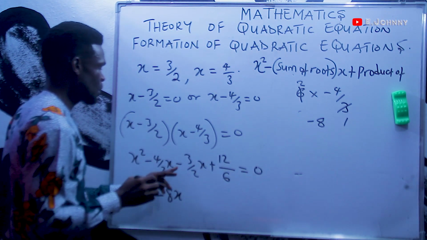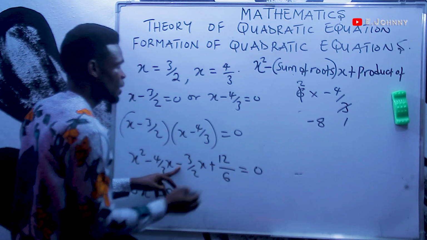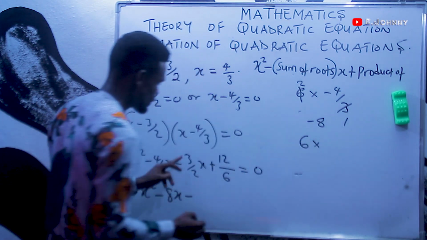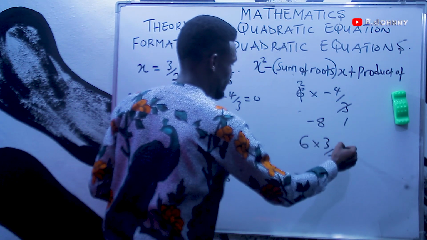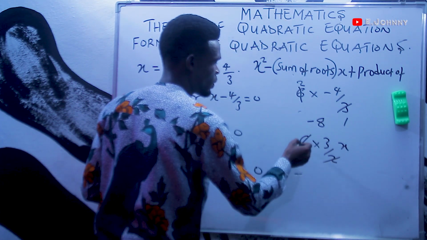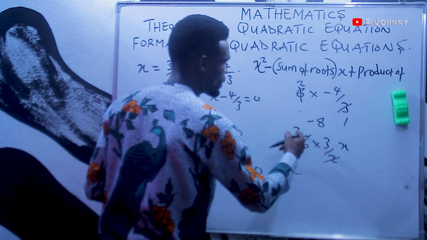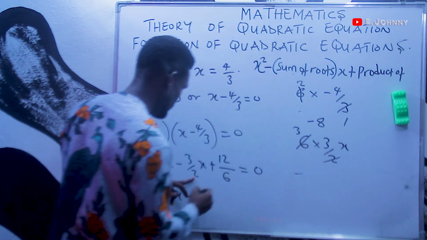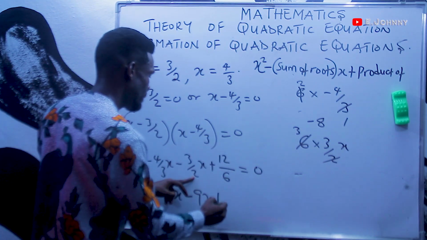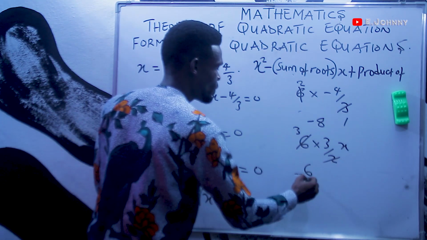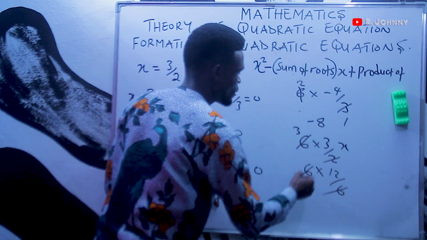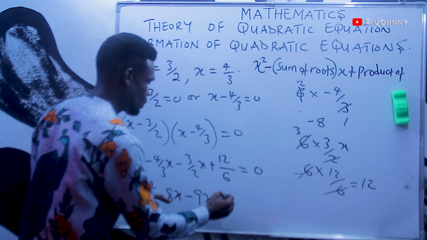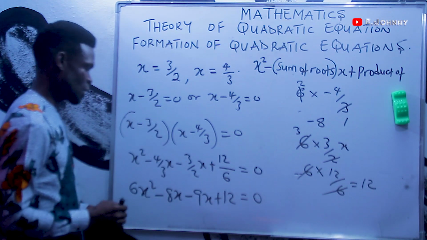That same LCM, now minus, 6 times 3 over 2x. 2 goes into 6, 3. 3 times 3, 9. 9x. Plus, that same LCM, 6 times 12 over 6. This and this will go, you are left with 12. So, plus 12 equals 0.